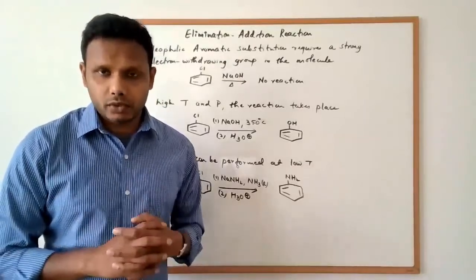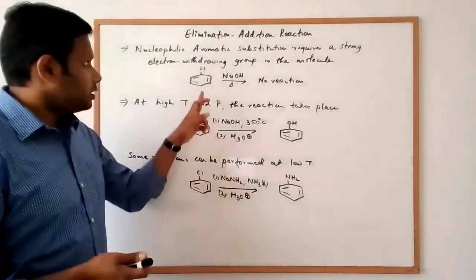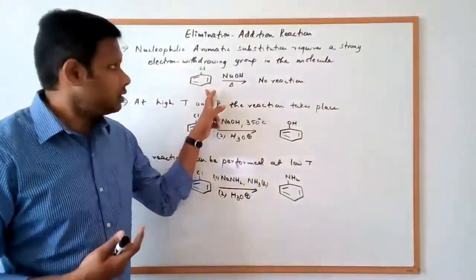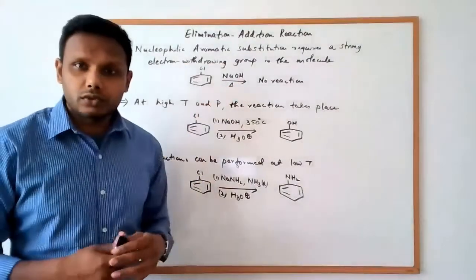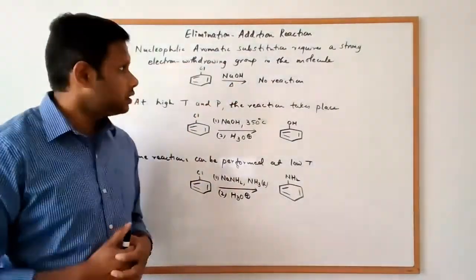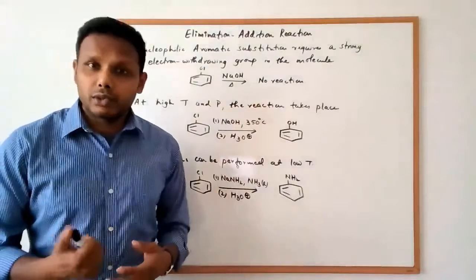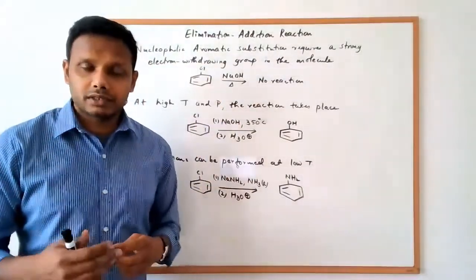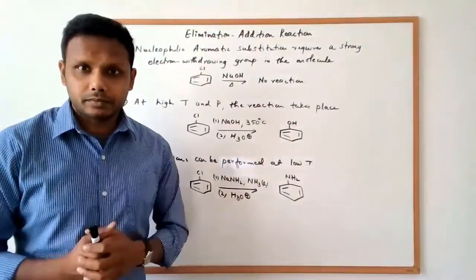So if we use a simple aromatic compound like chlorobenzene and react it with a strong nucleophile like sodium hydroxide, we will not get any reaction because there isn't an electron withdrawing group present in that ring.